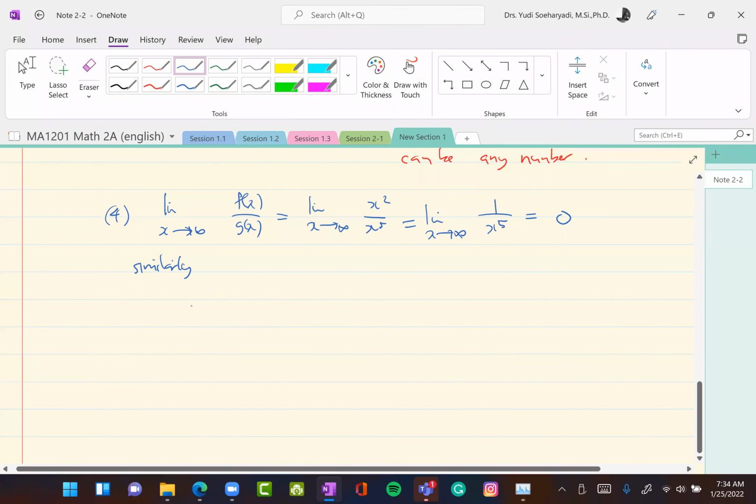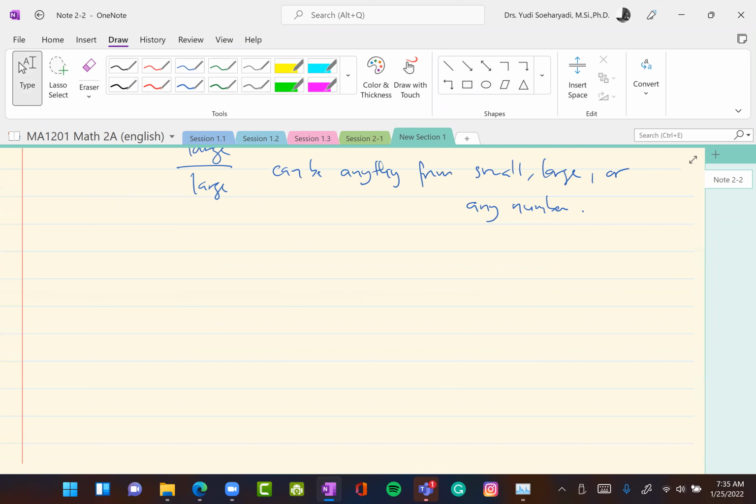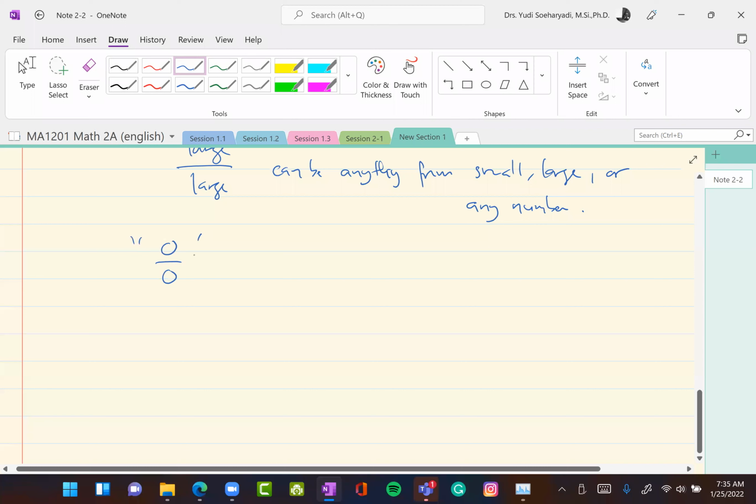yeah, so we have large over large, can be anything, from small, large, or any number. Okay, so our notation is, these are called indeterminate forms.